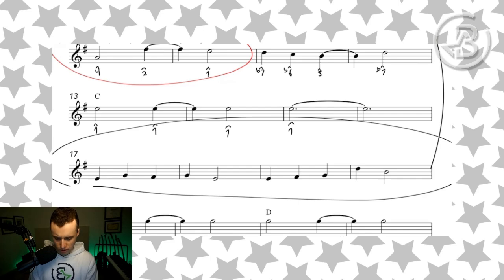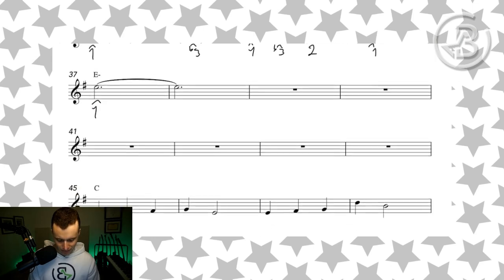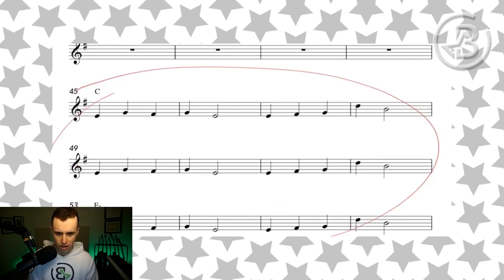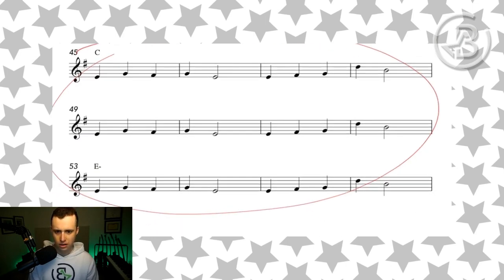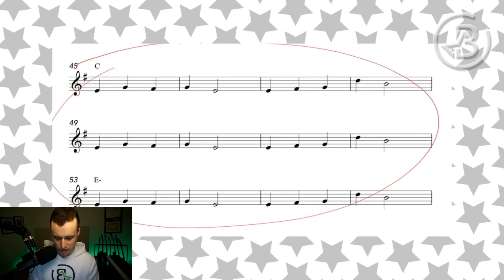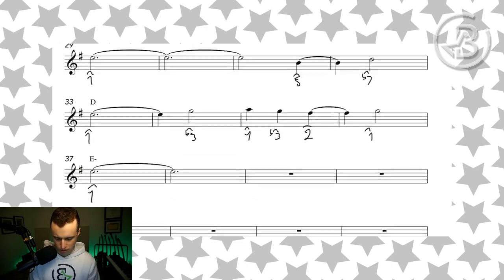All right, so let's look at: we have 1, flat 3, 2, flat 3, 1, 1, 2, flat 3, 7, 5. We're going to have that melody repeated a whole bunch of times down here. See? Same melody over and over again, but with slight differences in the chords that are being used under the melody.